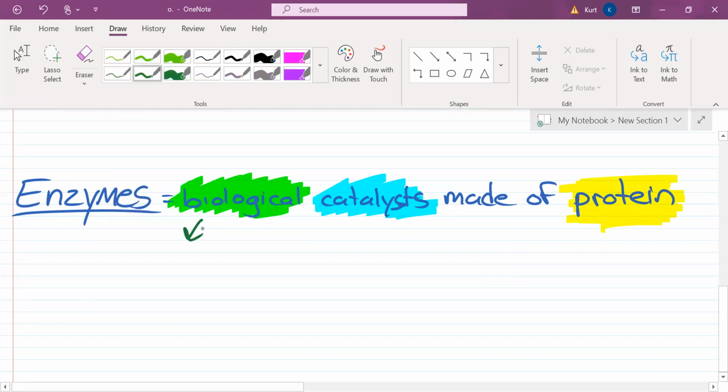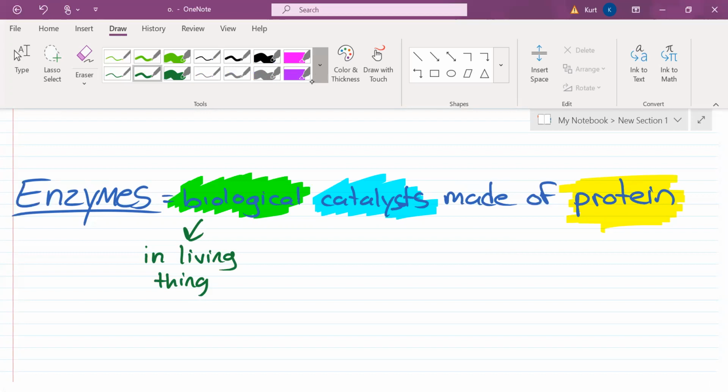If it's biological, it is in living things. Enzymes are found in animals, plants, fungi, protists, archaea, and bacteria. All living things. Catalysts basically speed up a reaction.